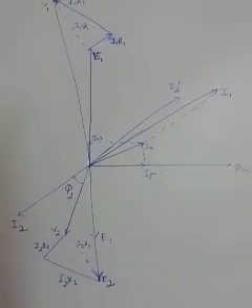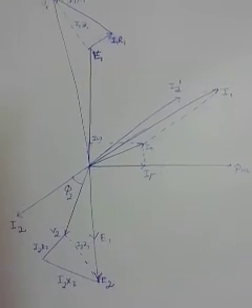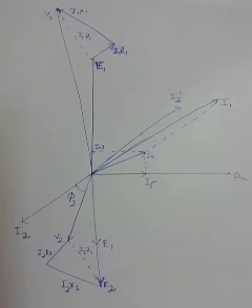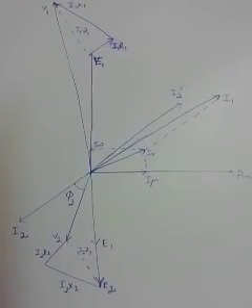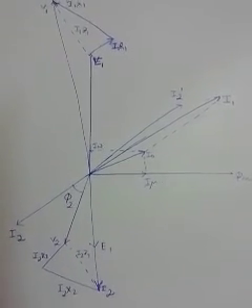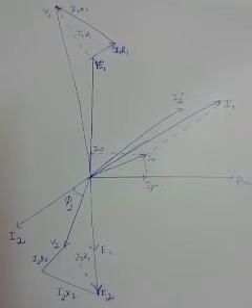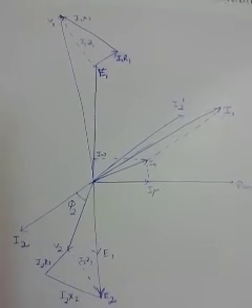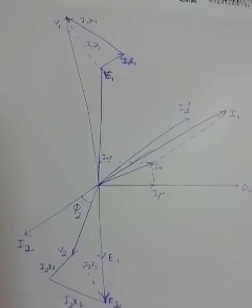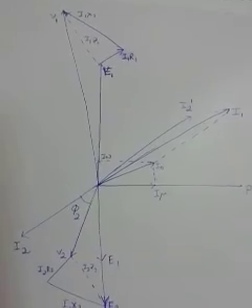If the load type is changed from lagging power factor to leading power factor, that means, for example, we change the load from inductive type to capacitive type, then how do we get the phasors? The phasors remain the same, only one thing changes: the position of I2 is shifted from the left hand side to the right hand side, to make it clear that for a leading power factor load I2 should be in a position leading with respect to phasor V2.